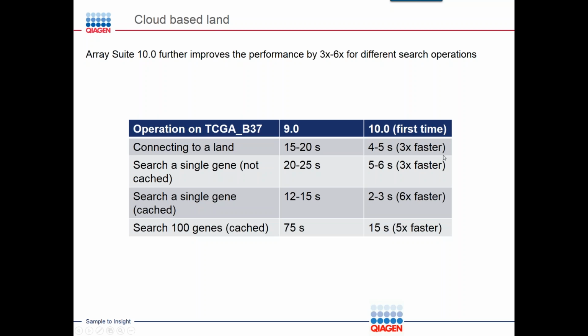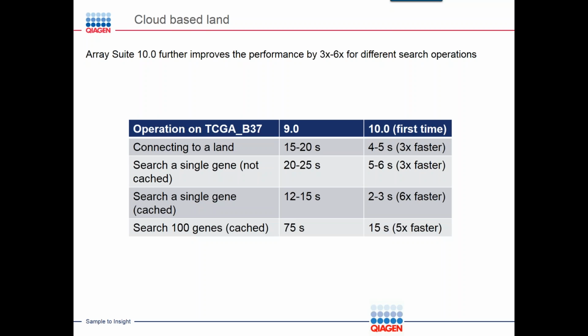When they get to the LAN, they search for either one gene or multiple genes. So previously in 9.0, for TCGA_B37, which is definitely our biggest LAN, connecting to the LAN could take 15 to 20 seconds, depending on each company's situation, hardware and internal bandwidth.